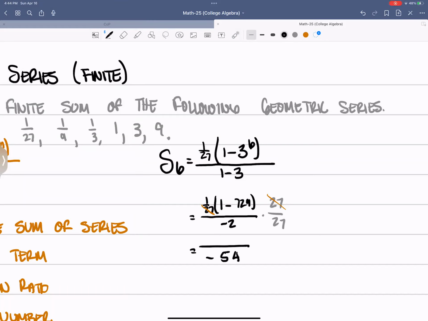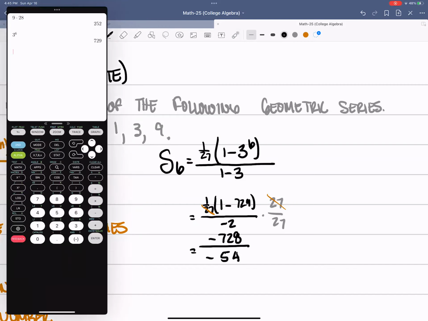In the numerator, we have 1 minus 729, not 279, which gives us negative 728. So 728, and we're dividing that by 54.